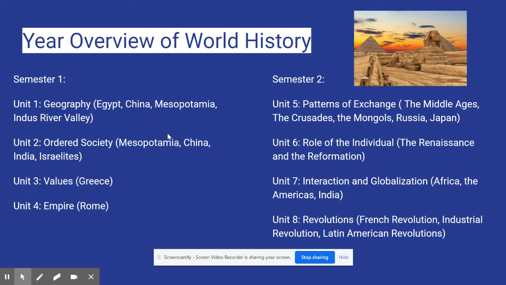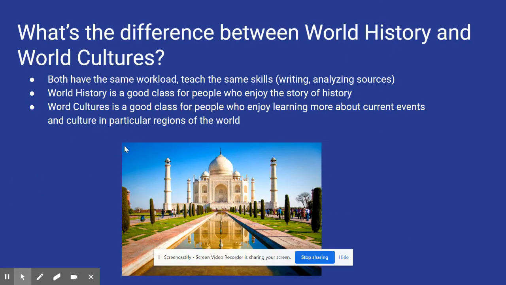So we get into the Middle Ages, we get into the Renaissance, we talk all about globalization and colonization. We'll get into Africa and the ancient Americas and what they were like before the Europeans showed up. And Unit 8 again ends with the Age of Revolutions. So we go a couple thousand years through history in looking at these various topics.